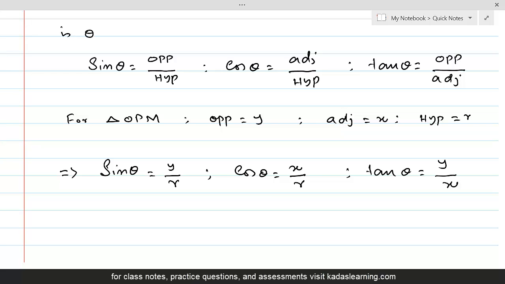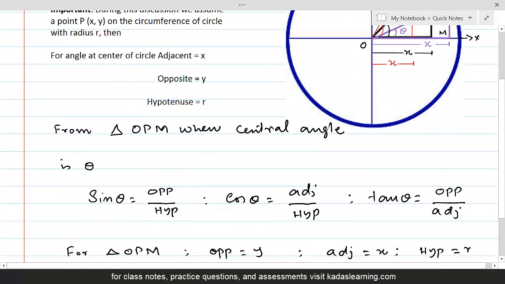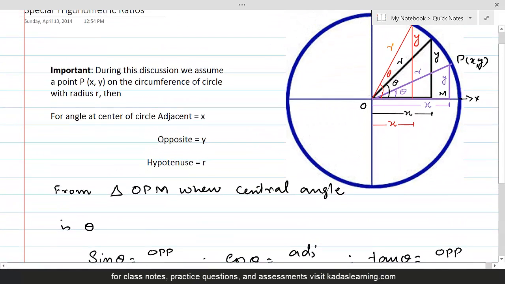But we can see that when P moves around the circle, if P becomes closer to its initial side, it means that when theta starts decreasing, y starts decreasing as well, and when theta increases, y increases.